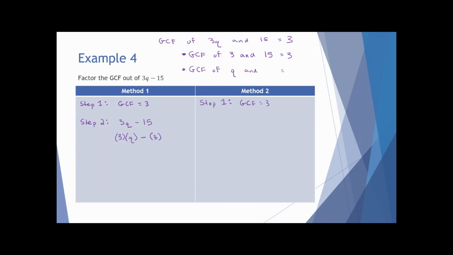I'm going to have a 3, and then I say, okay, 3 times what gets you 15? So 3 times 5 is 15. So I have to put a 5 in my little missing area there. I don't like this method because it gets a little confusing. You figure out your GCF, and then you are separating it out and figuring out what you'd have to multiply by to get back to where you started. So if you worked backwards, 3 times q gives you 3q, 3 times 5 gets you 15.